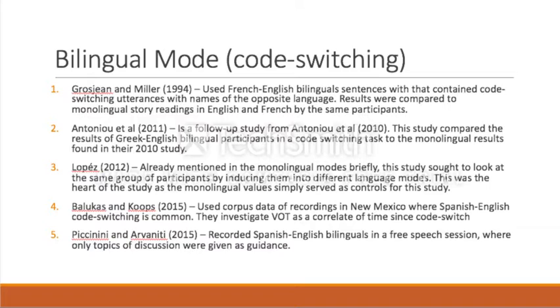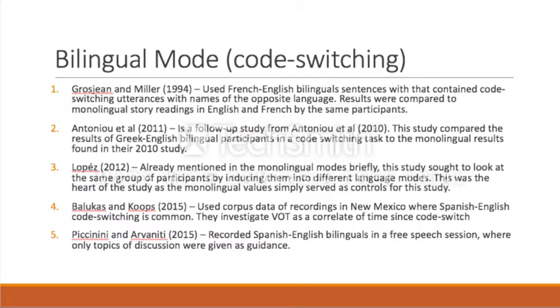Basically, they were instructed to say the names, whether they were French or English, with the French or English pronunciation, and they were inserted into sentences. And the names all started with pa, ta, and ka, because those are the initial stops that they were concerned with in this study. The next study is actually a follow-up study from their own 2010 publication.